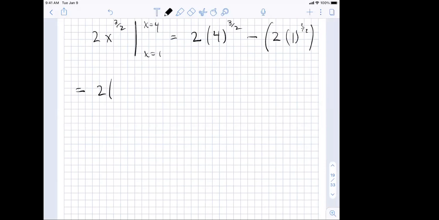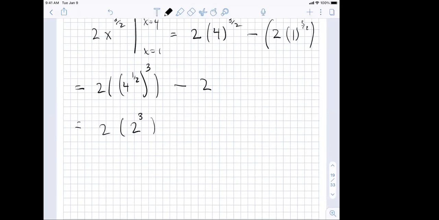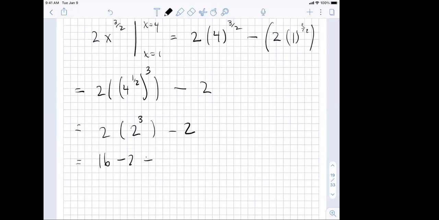And so then that 4 to the 3/2, that's the same thing as 4 to the 1/2 to the 3rd. Okay? These are the same thing. Minus 2, 1 to the 3/2 is clearly 1, right? So 4 to the 1/2 is 2, so I'm going to get 2 times 2 to the 3rd, right? And then minus 2. So that's going to give me 2, 4, 8, 16 minus 2. Which gives me 14.